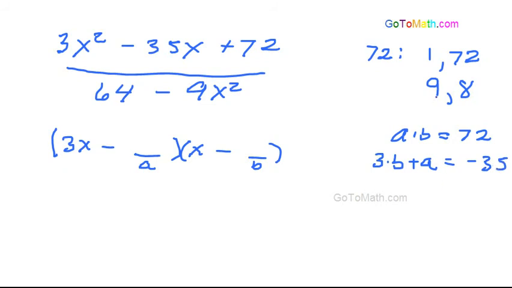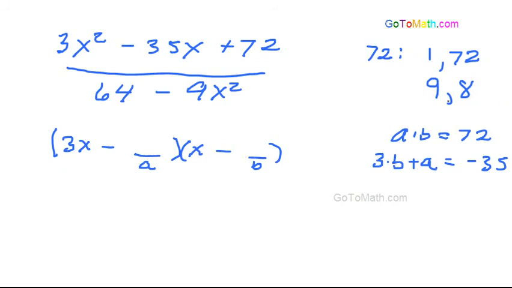Right. Okay, well, let's take a look at this. We got 3 times 9 and then plus 8. 27. Now we said both of these are going to have to be negative, so 3 times 9 is 27, and 27 plus 8 is going to give us 35. I think we got lucky on that.